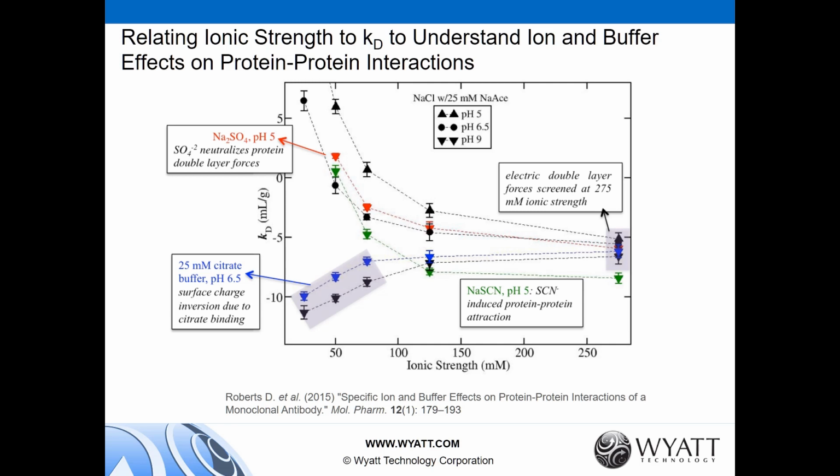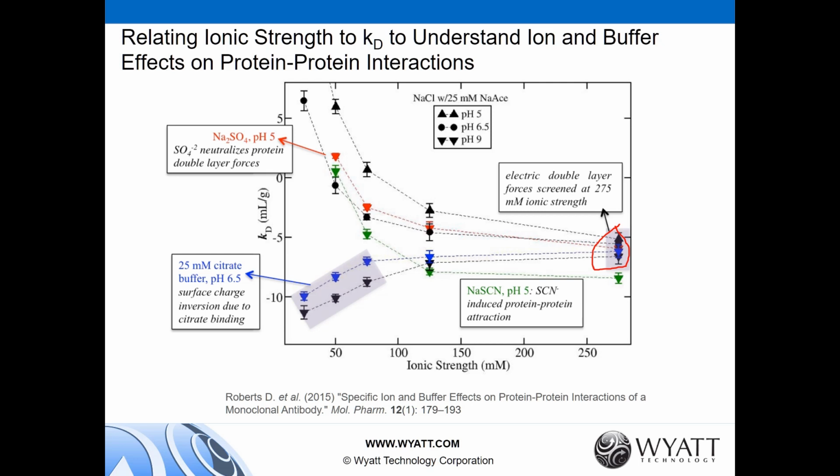So one notable effect is that for most of the buffers, by the time you get to about 250 or 275 millimolar ionic strength, you've completely screened out that electric double layer, which gives you some net repulsion between the particles due to charge-charge interaction, and are left with only whatever's left over.